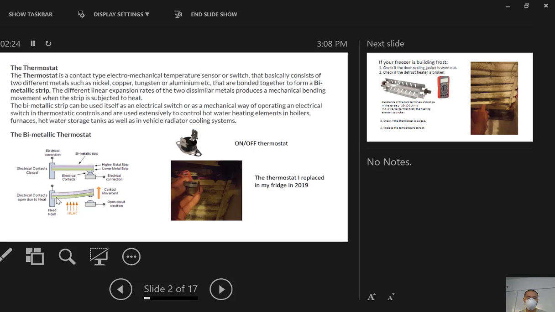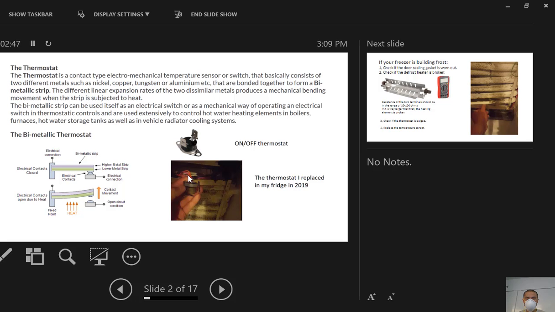But the thing is, the mechanical switch is turned on and off probably 20 times a day to turn on the heater to defrost all the accumulated ice in the freezer. This one has been running for 15 years.